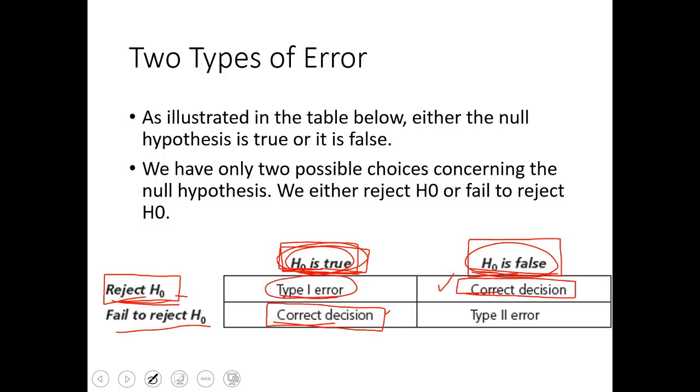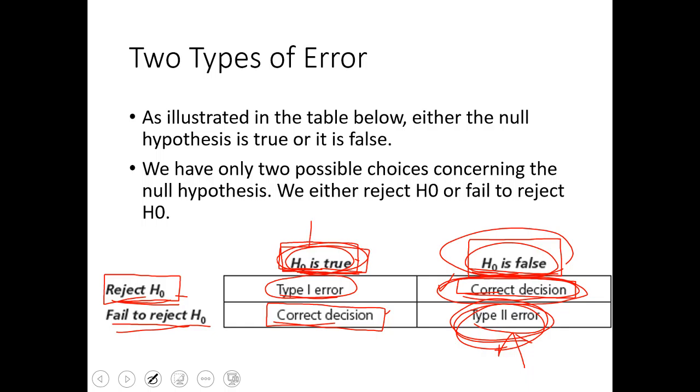For example, the null hypothesis is that there is no black swan in this universe. But a black swan exists, and based on your data you didn't find any black swan. Then you fail to reject this null hypothesis, and you may have this error.